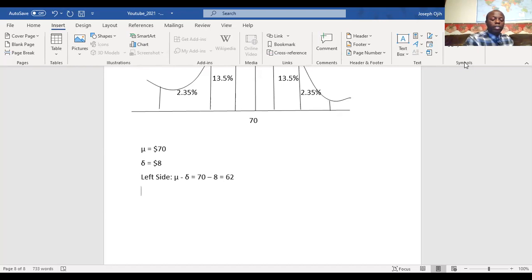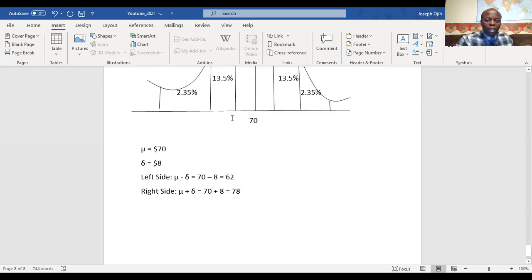And the right side will be the same thing, but we're going to change this to plus sign. Mean plus one standard deviation, this is very clear, it's $78.